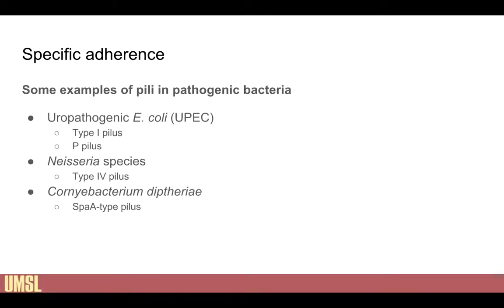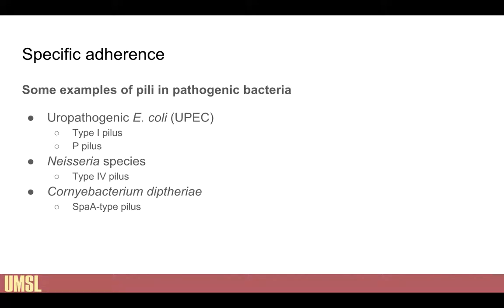So, some examples of pili in pathogenic bacteria. I gave UPEC as an example for biofilm formation, so no surprise that they are also prolific makers of pili. We're going to go through a few different types of pili. I'm going to take you through two gram-negative examples, the type 1 pilus and the type 4 pilus of Neisseria species.